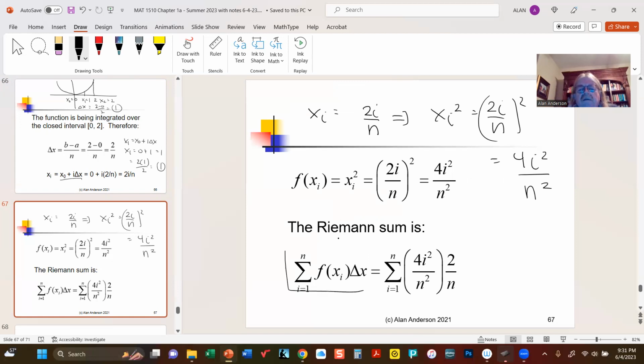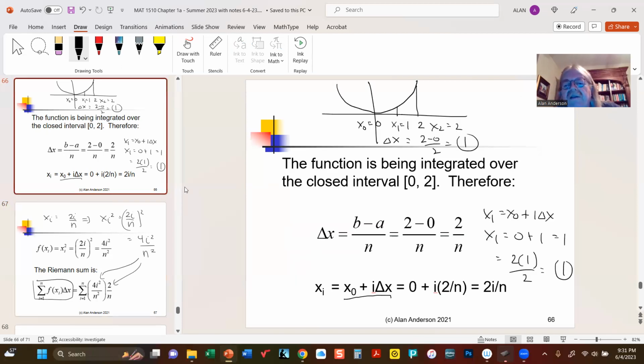And that gives us, remember we said here that delta x is 2 over n.